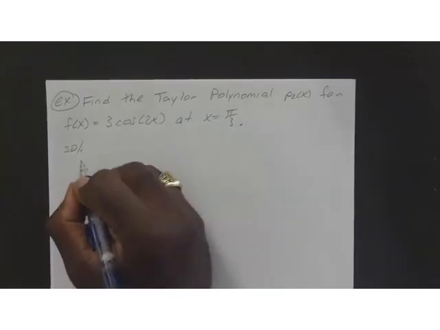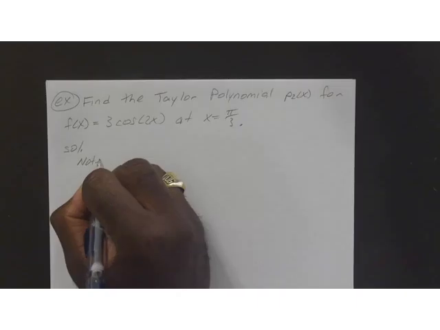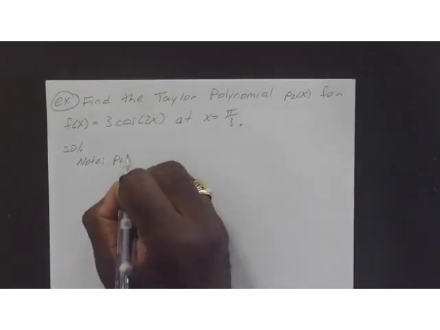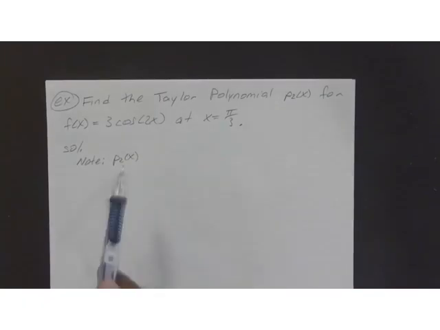Now, a quick note about the notation. You see p sub 2 of x. That just means you're going up to the second derivative term.